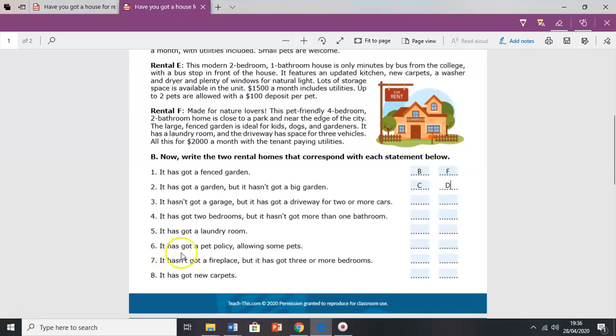Number 6, it's got a pet policy allowing some pets. Okay, so a pet policy means that you can have some animals, some kind of animals, but which kind? So some pets.